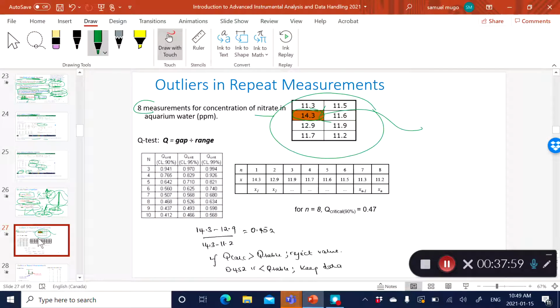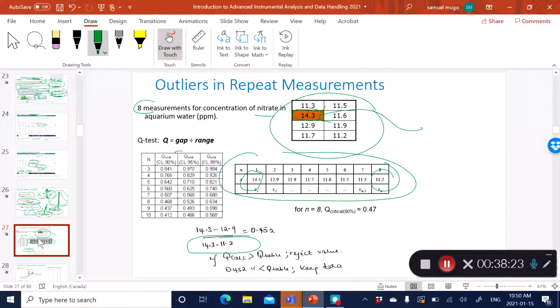And so you can use a Q-test, which is a very simple relationship where you take the gap divided by the range. Now, to determine the range, you need to organize your data in increasing or decreasing order, so that you can take the largest subtracted by the smallest, and that gives you the range.